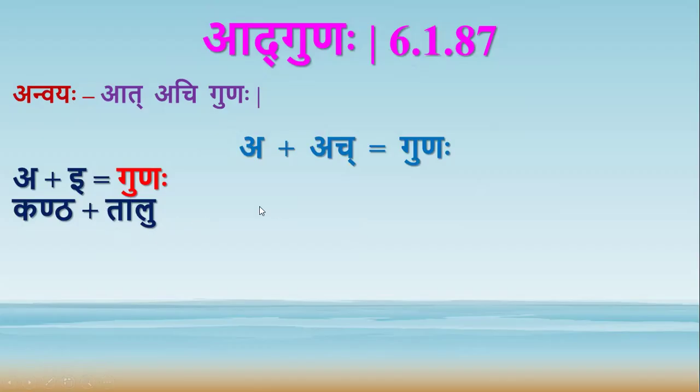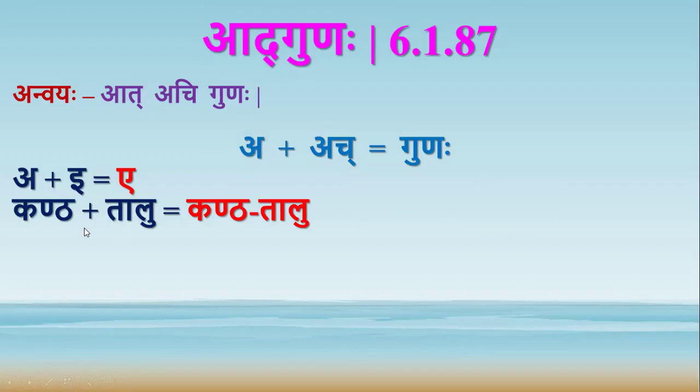So we shall look for the Guna letter which resembles these two letters, A and E. Among A, E and O, the Ucharana Sthana of A is Kanta, that of E is Kanta Talu, and that of O is Kanta Oshtav. So the Kantoshtav doesn't match here.